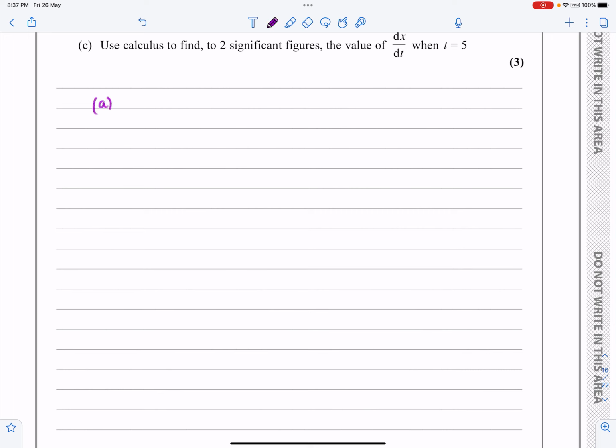So they told me that log base 10 of x was equal to 2.74 minus 0.079t. And so the first thing we're going to do is use the idea that if you've got a log statement written like that, you can change this to a power statement.